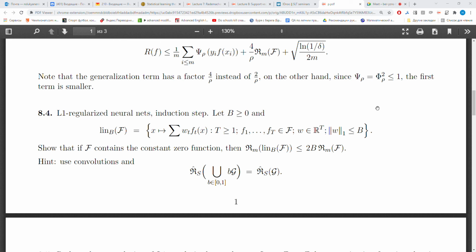Okay, in this case we can understand that our set Lin_B can be rewritten as the union of all the possible convex hulls of F united with minus F, multiplied by b for all the b from 0 till the big B. Okay, do you agree with this equality?